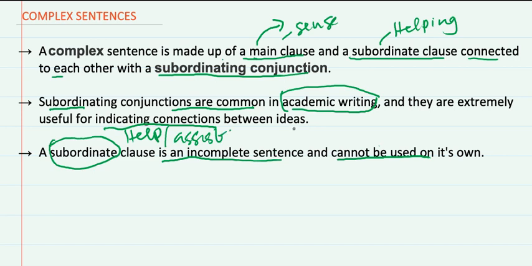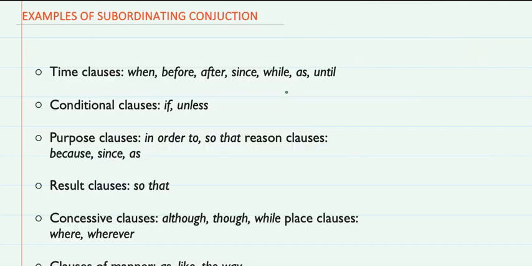When we use it alone, it will not make any sense. So we are going to look at examples and how we can apply this form of sentence in our essay. So we are looking at examples of subordinating conjunctions, and what we can make use of them for.